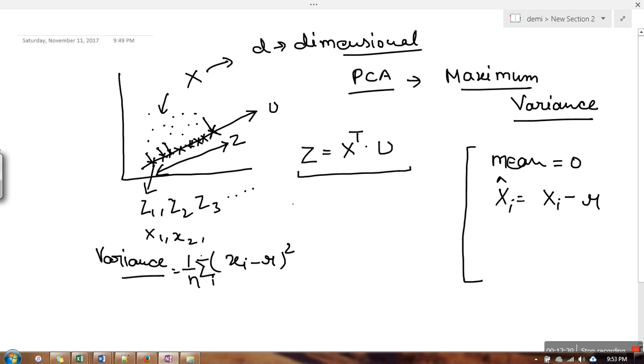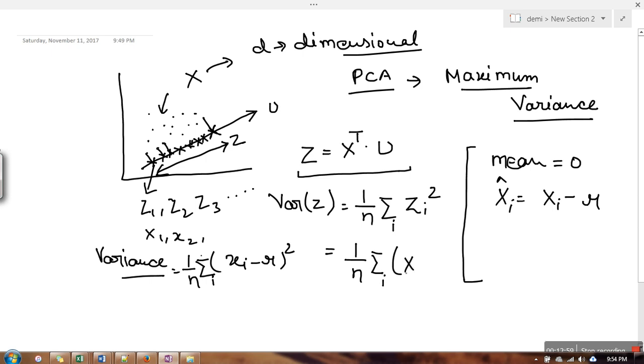We will apply the same formula here and compute the variance of z. Here we have considered the mean of our data as 0, so I can write the variance of z in this form. Now let's put the value of zi here. So we got this term.